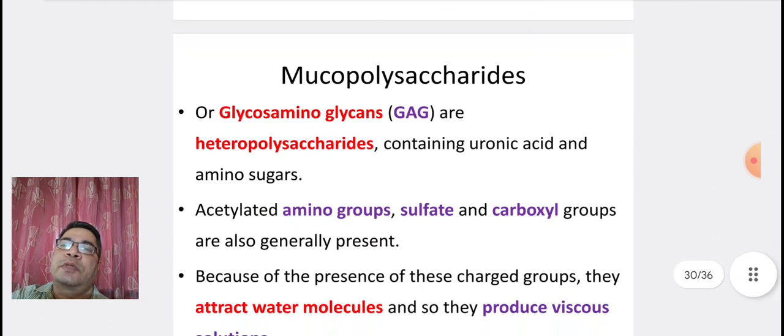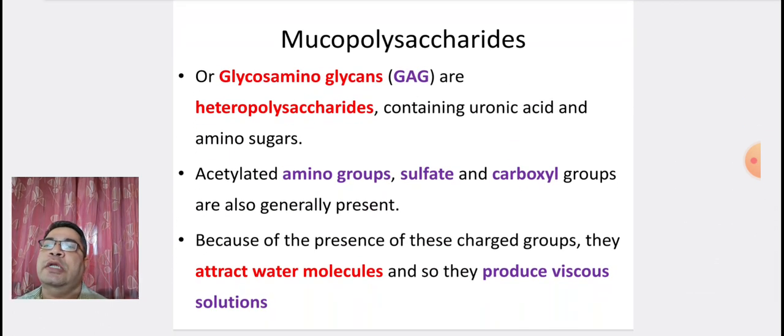Coming to mucopolysaccharides. Mucopolysaccharides or glycosaminoglycans are heteropolysaccharides containing uronic acid and amino sugars. Acylated amino groups, sulfate and carboxyl groups are also generally present.